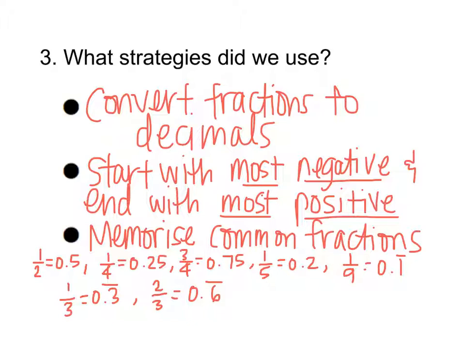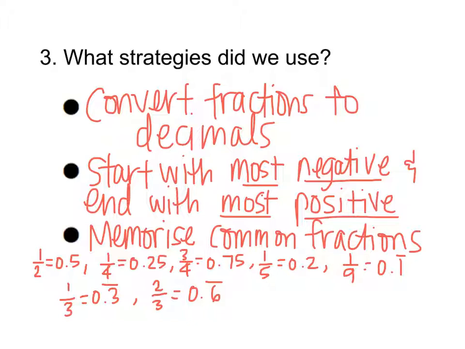1/5 is 0.2, because if we multiplied the top and bottom by 2, we would get 2/10, so 0.2. And with fifths, you could take that 0.2 and multiply it by whatever number's in the numerator to get your new fraction.